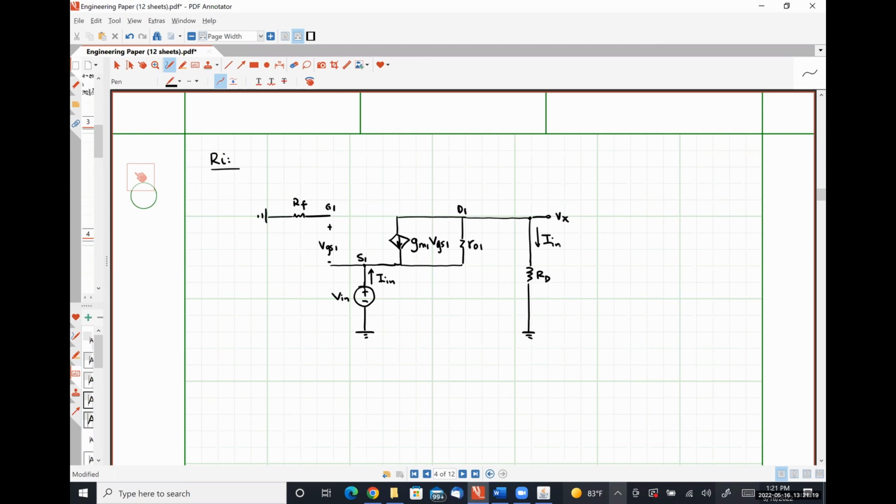All right, so my goal here is to try to relate VN and IN, and I'm going to attempt to do this using Kirchhoff's voltage law.